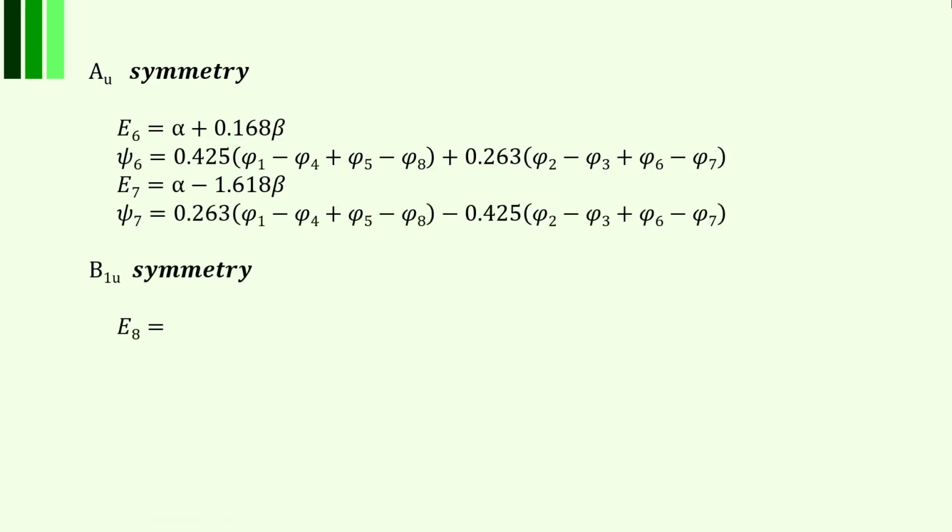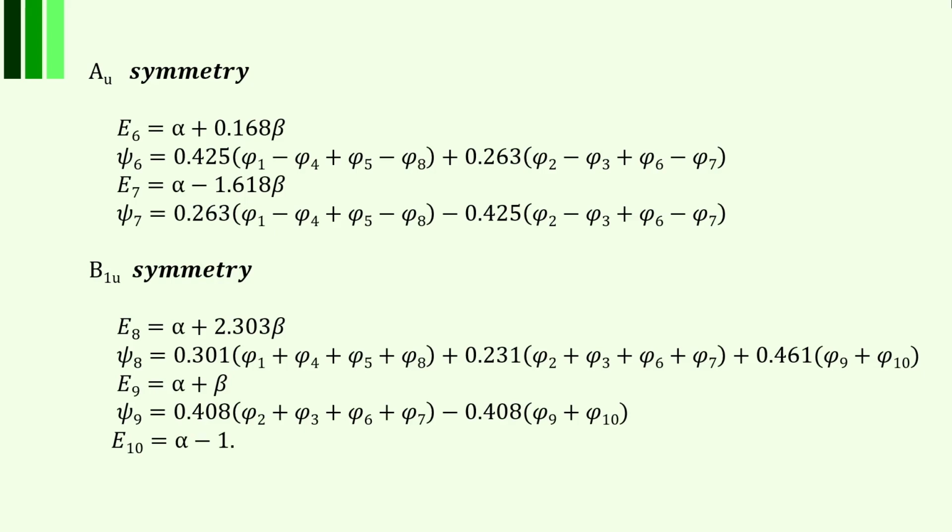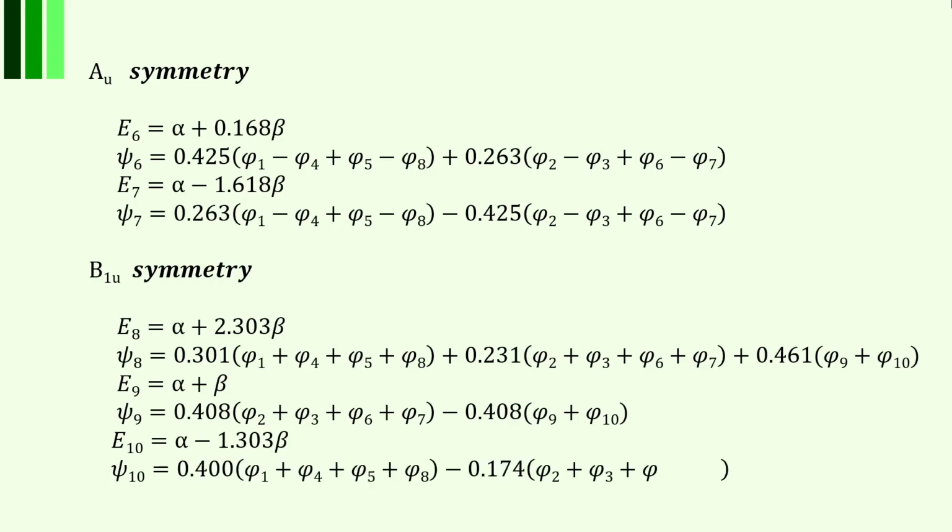For other symmetries, E8 is alpha plus 2.303 beta. E9 is simply alpha plus beta, and E10, the last equation, is alpha minus 1.303 beta. These are the values we have calculated without the huge mathematics that would otherwise have been involved. Now things are simpler.